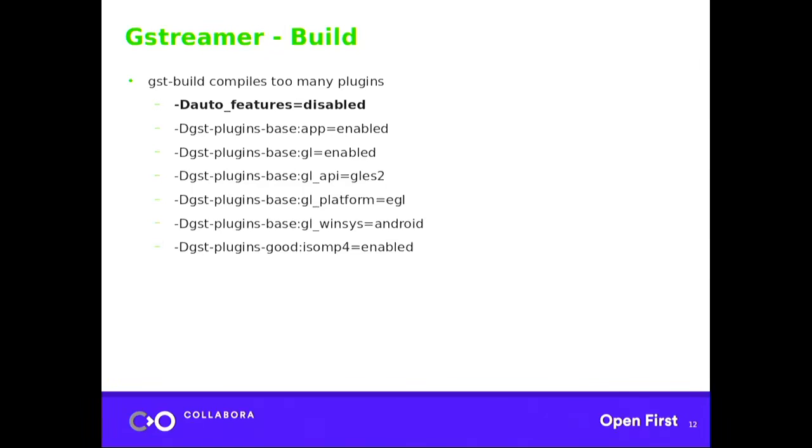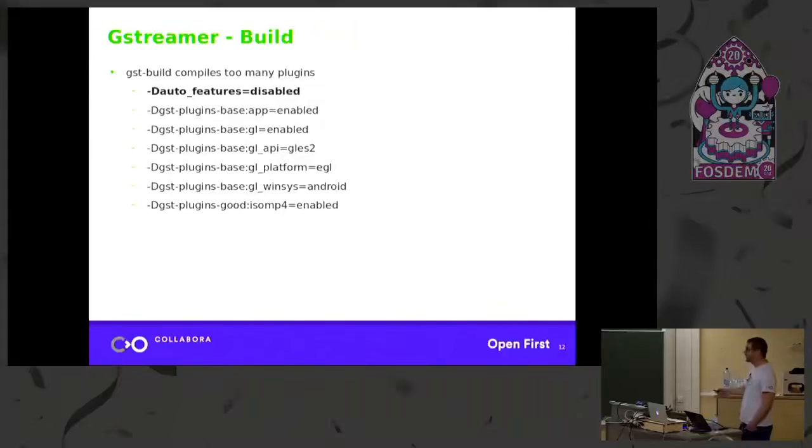That means that with GST build, it will disable every single plugin and build really the minimum, the libgstreamer core and nothing else. And then you can add yourself the exact plugins you want to enable, and it will build just that. So you save a lot of time and a lot of memory, because the full build takes almost 200 megabytes for the application you want to ship. But if you enable only the few things, it's down to less than 10 megabytes.